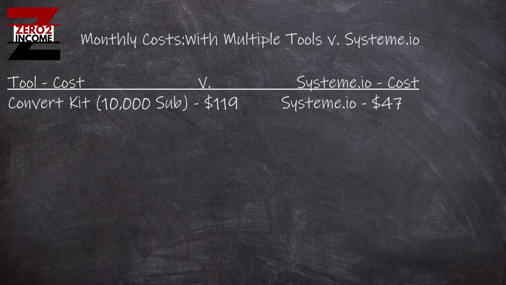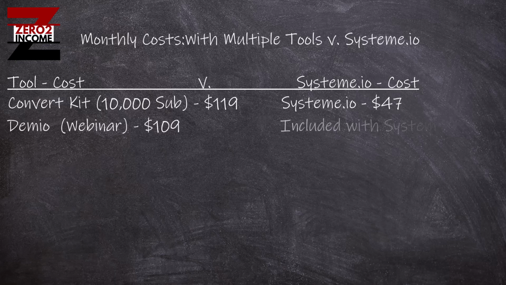Okay. The next tool that the pros are recommending for an Evergreen webinar is a webinar type of application. There's Easy Webinar, there's EverWebinar, and one of the other ones. They're all pretty comparable. Another one is Demio, which is one of the tools that one of the gurus has recommended. And if we look at the cost here, I've got it at $109 per month.